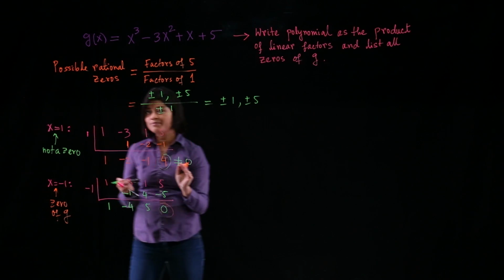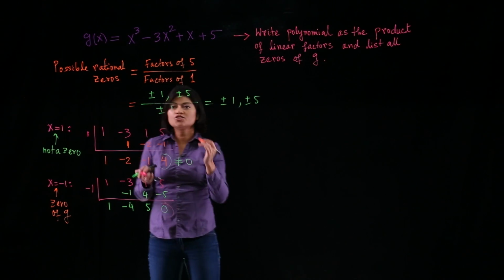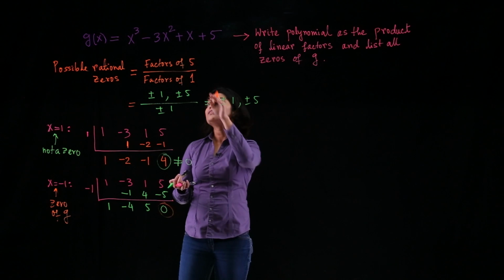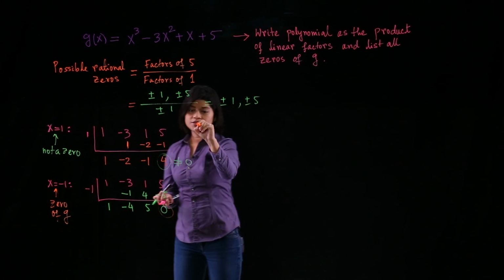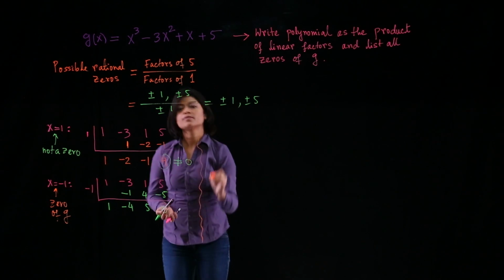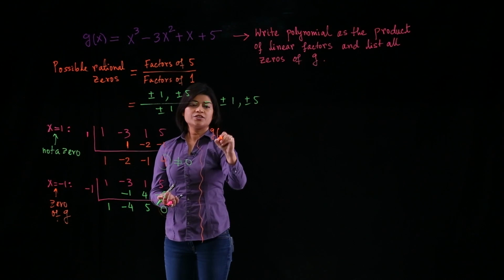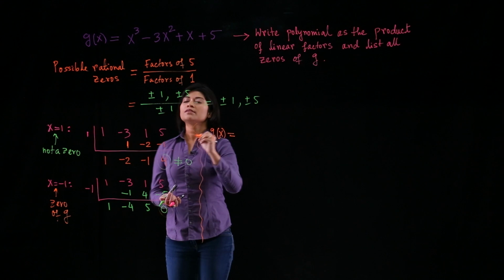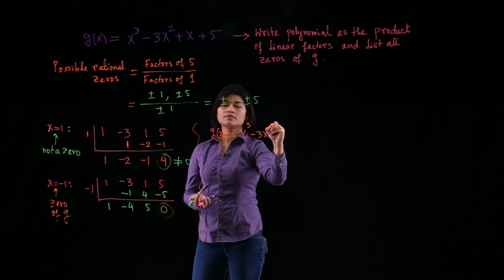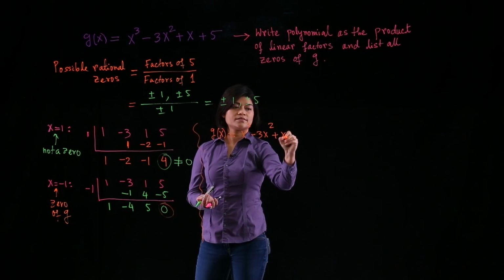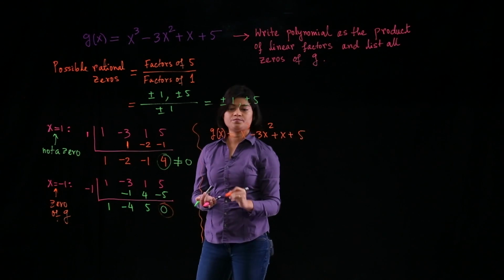Okay, so as soon as we found one 0, we can start writing down the linear factors of this polynomial. So let's start doing that. So the function is x cubed minus 3x squared plus x plus 5.